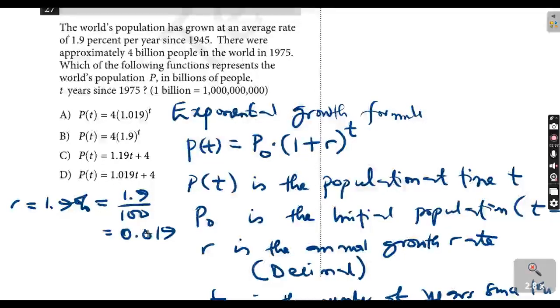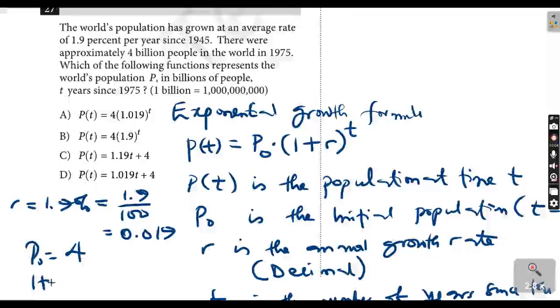Okay. Then what else do we have? We have 4 billion people. So that is our P naught. Our P naught is 4 billion, so just write P naught equals 4.